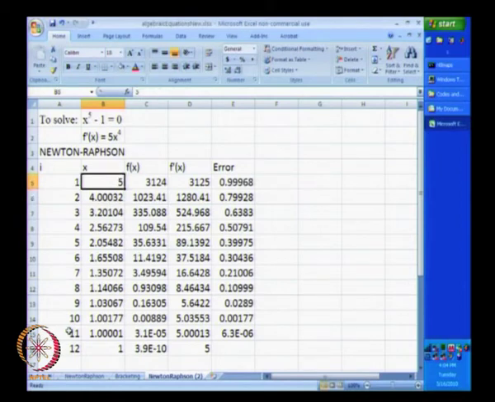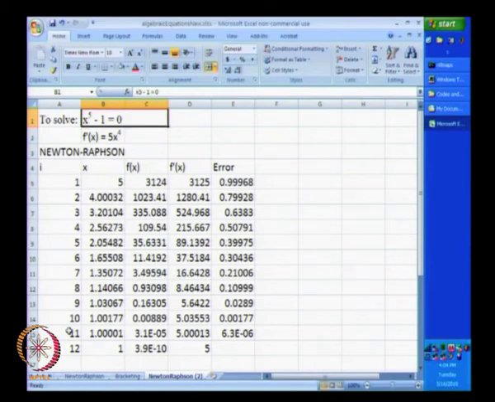Compared to the previous case, we do find that in this particular case the rate of change of error is comparatively fairly slower than what we had seen in the previous example, and we take much longer time in order to converge.